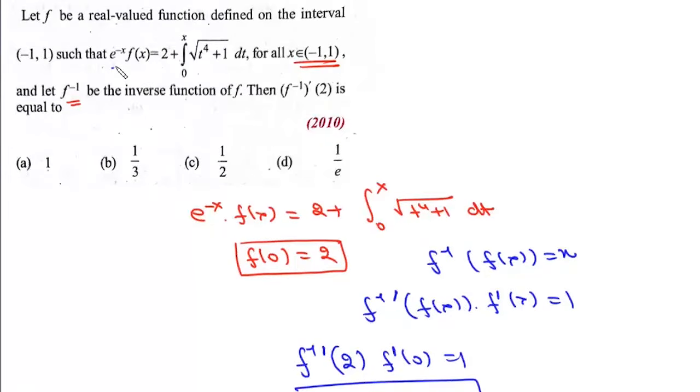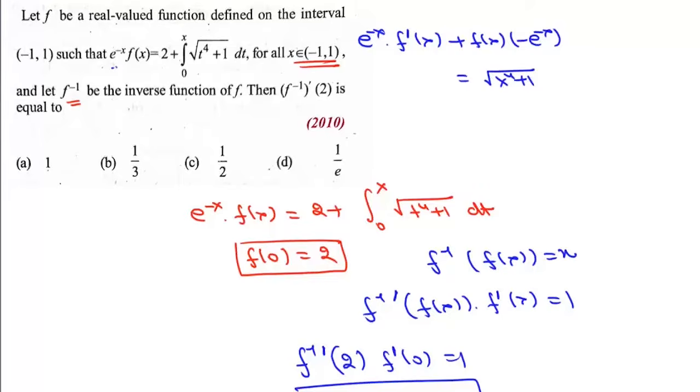Now we'll differentiate this function. If we differentiate this function, we'll get e to the power minus x into f dash x plus f(x) into minus e to the power minus x, and here will be under root of x to the power 4 plus 1.